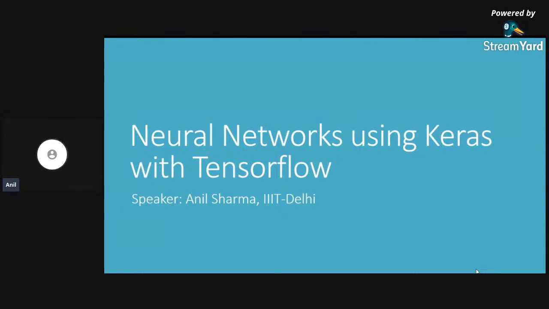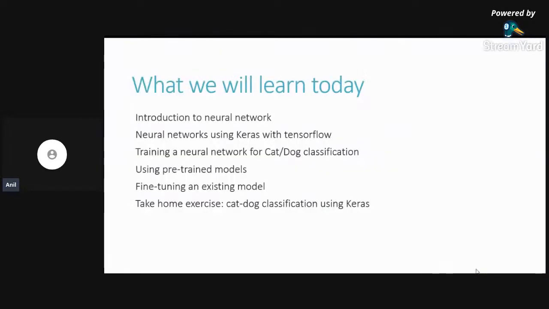So what we will be learning today is about neural networks. We will first see an introduction to the neural networks, and then we will see how to code neural networks in Keras with TensorFlow, and then we will see how to train a neural network for cat and dog classification.